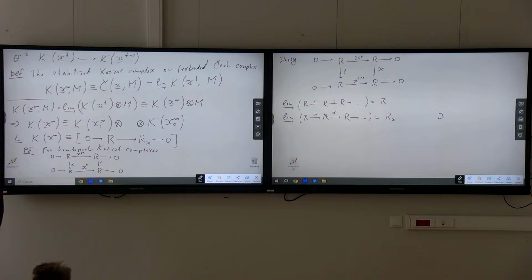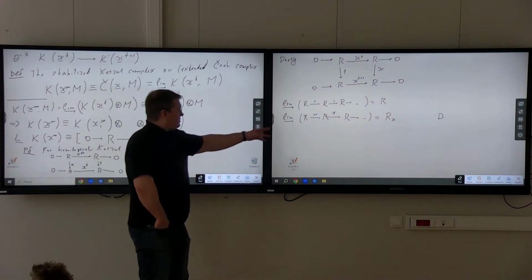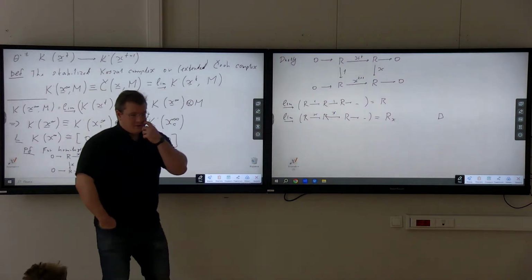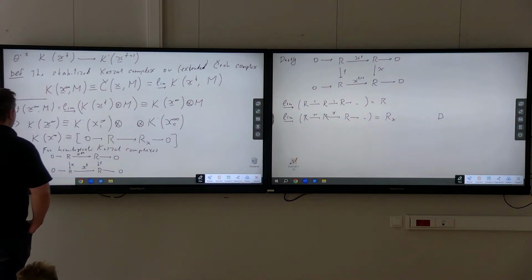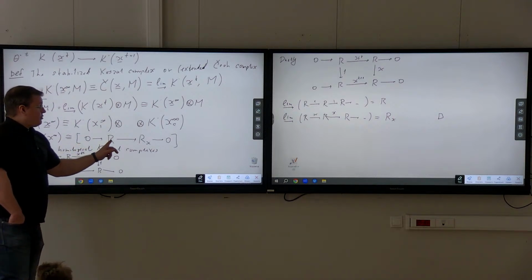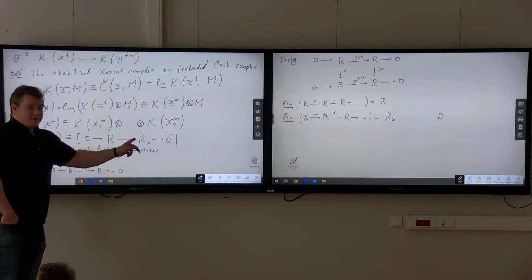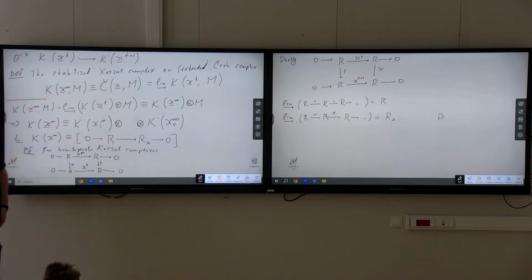You're asking why? Well, it's more or less you get this when you compute this directly. The question, if I understand correctly, is that here when I write this, I assume this is the canonical map from the localization, and you ask me why exactly this is the map. Well, it more or less follows from the computation that this is R localized.